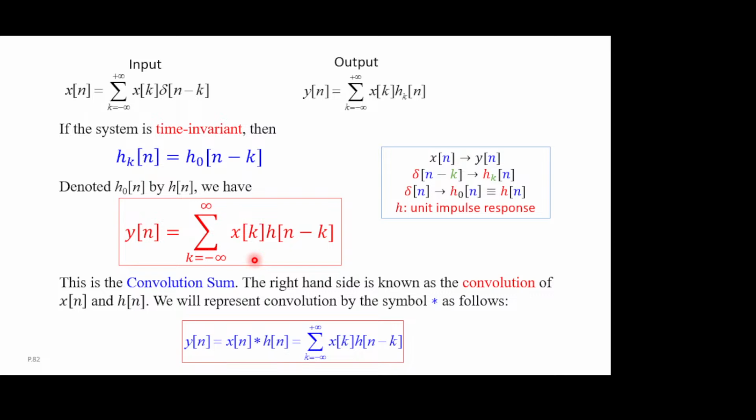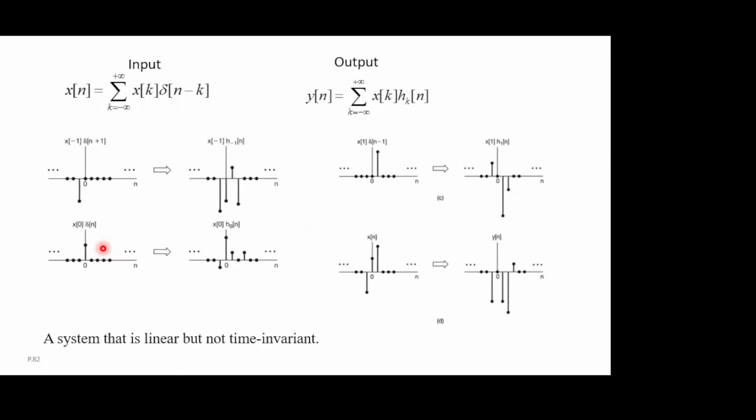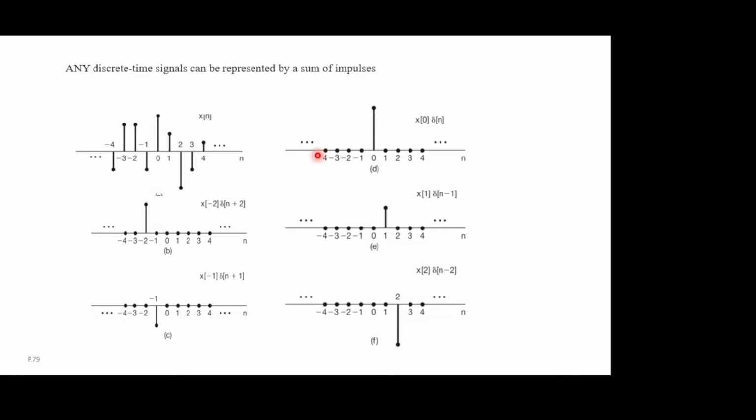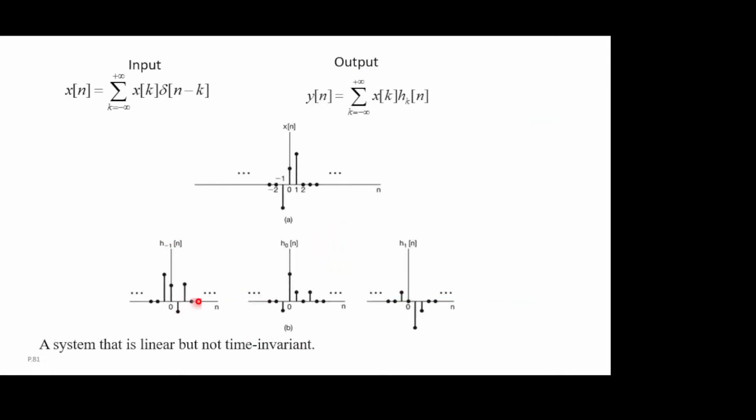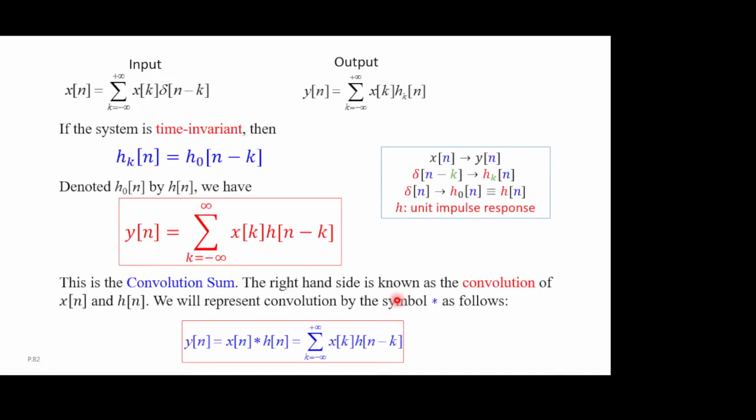Anyway, for now, any question on the derivation here? How we get here? Let's review once again. First, we say our system is linear, so we decompose our signal into those impulses, and those impulses have responses, those h sub k. Then we use the time invariant property, saying that h sub k is just the time shift of h sub 0.